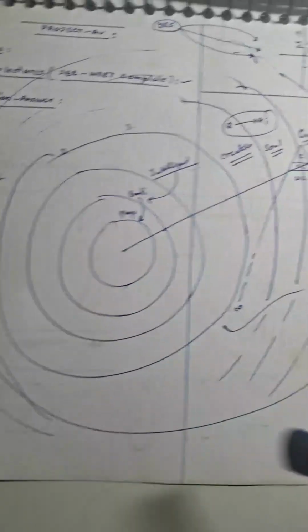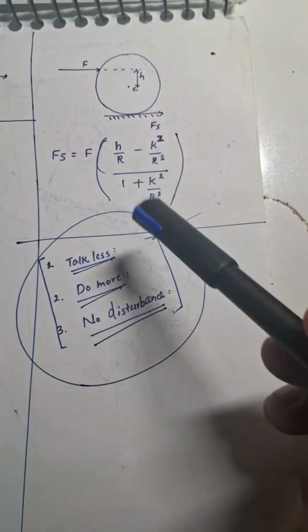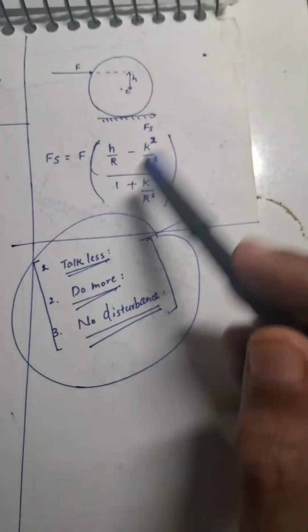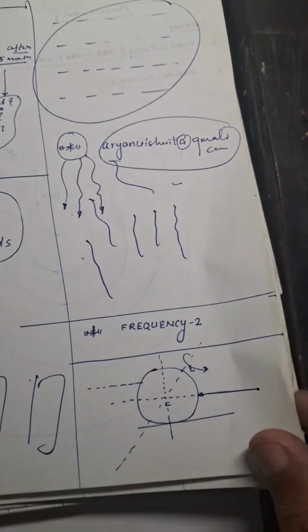Then there is Project AV, services provided, a snapshot of the expression of friction in case of rolling on inclined plane. Talk less, do more, and no disturbance should be on you. Then there is a social awareness program. Then there is Project AV, which was started by me, number of pages, my official email ID, frequency variations.